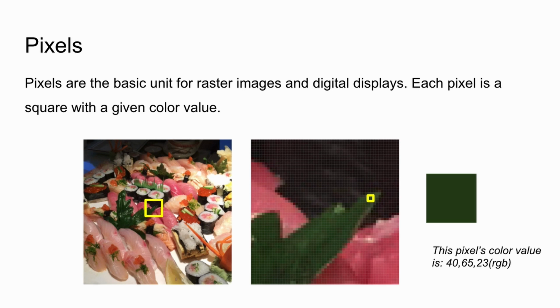So for example, this pixel here, the color value can be expressed as three numbers: the amount of red, the amount of green, and the amount of blue that combines to make that color. And so this comes from how the computer works. Most of our computers, the screen is just a huge array or matrix of pixels.